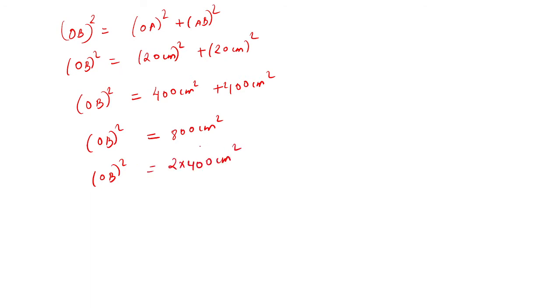There's no harm in that; if it's 4, you have the liberty to write it as 2 into 2, and if it's 6, as 2 into 3. I'm writing 800 as 2 into 400 because later we'll make use of that.